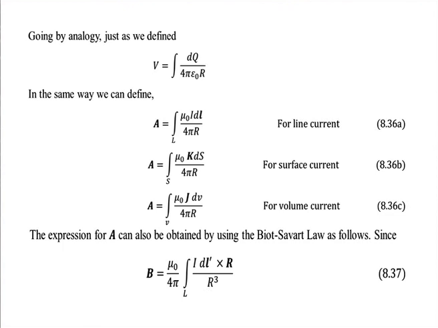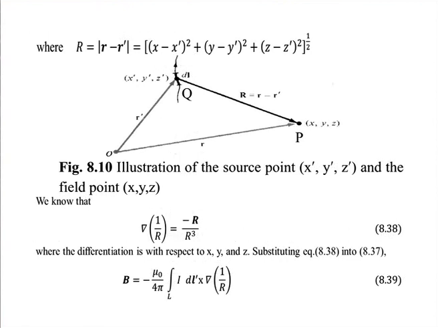We shall now determine A using the Biot-Savart law. Now, B is as given in equation 8.37, and using the condition given in 8.38, where the differentiation is with respect to x, y and z, we get the expression for B as given in equation 8.39.